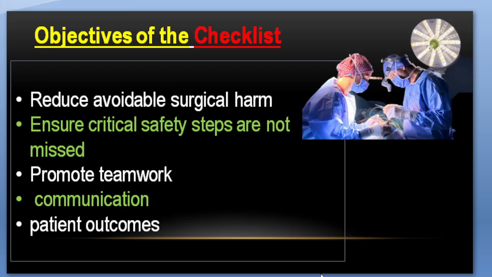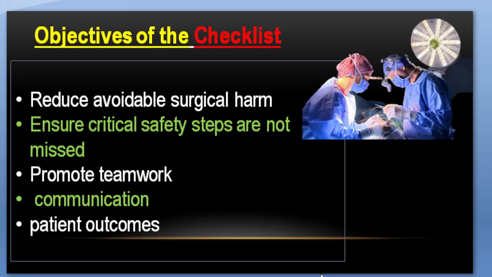Then what are the objectives of this surgical safety checklist? The first objective is to avoid avoidable surgical harms, or to prevent the harms which occur during the time of a surgery. Then ensure critical safety steps during the time of a surgery.